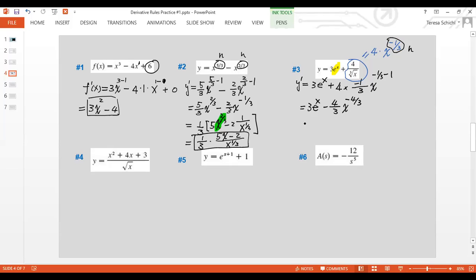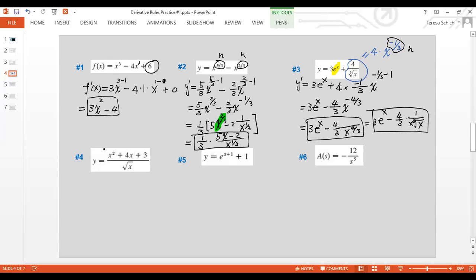So the -4/3, if you like, you can put it back to the denominator. So this is 4/3. Then this is x to the 4/3. Or if you want to do one more step, you can say this is -4/3. Then you can take the x out, and then this is x to the cube roots here, right? So most likely, I think your teacher will be okay if you leave it in here, or if you want to go a little further. So either way, it depends on how much you want to simplify.